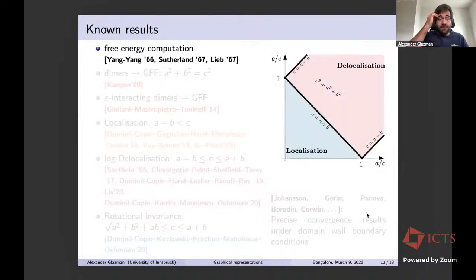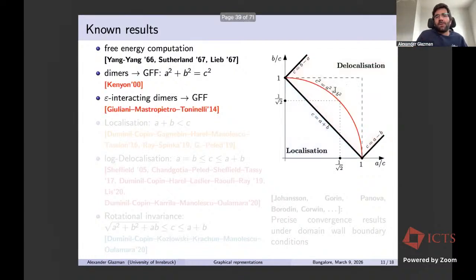Maybe I'll just mention the works which are about the six-vertex model. This starts with free energy computations, which led to the conjecture of the phase diagram with delocalization for all C below A plus B, but above B minus A, and between B minus A and A minus B. Of course, the dimer arc is when C squared equals A squared plus B squared.